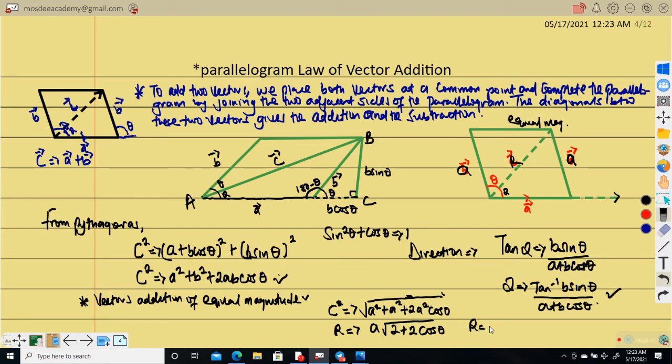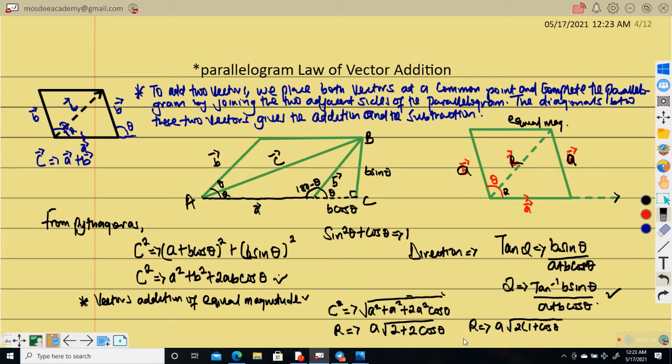For a quick one, R will be equal to A outside, then I'm going to have the square root of 2 open brackets, excuse me, 1 plus cos theta. All these are derivations because of your exam. That is why I'm trying to show all these steps.